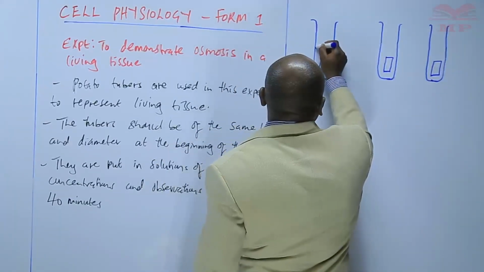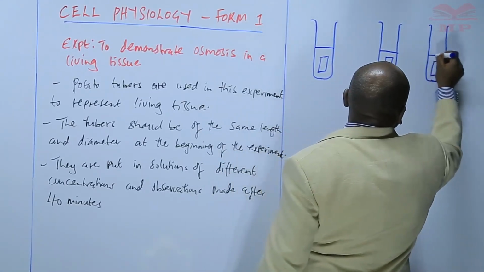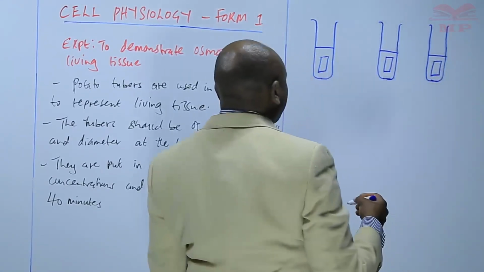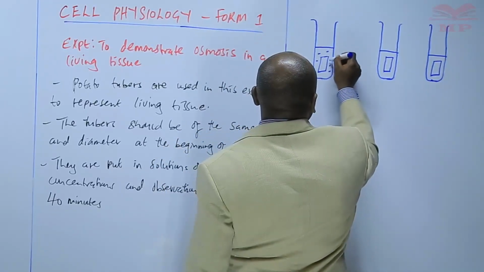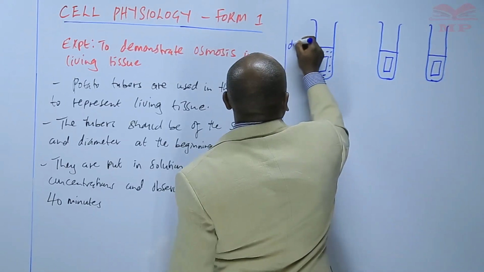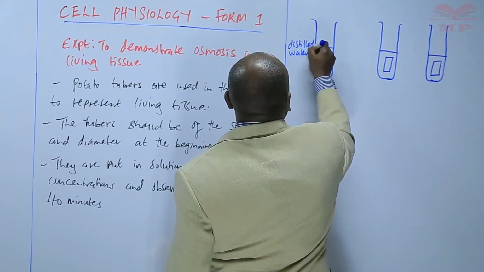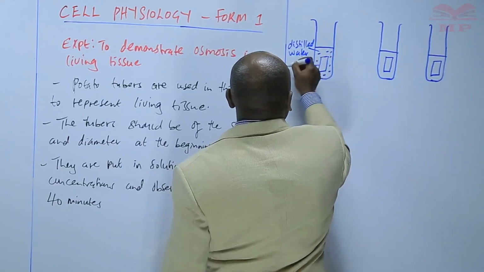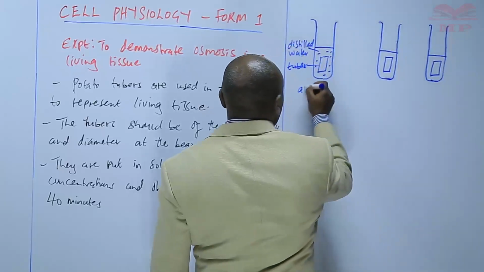And then equal volumes of solution, but of different concentration. So in the first one, we shall put it in distilled water, and that is the tuber. That is in A.